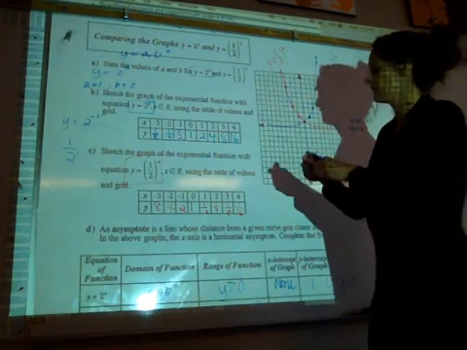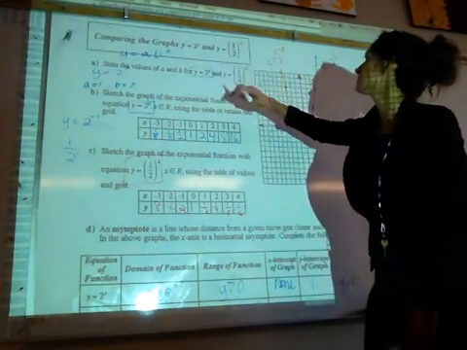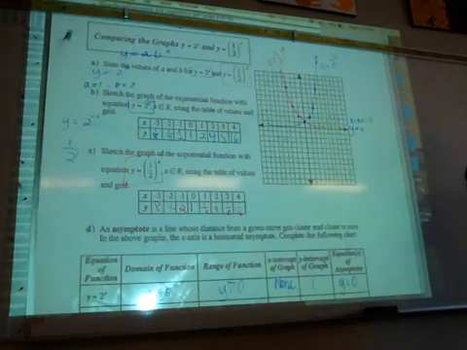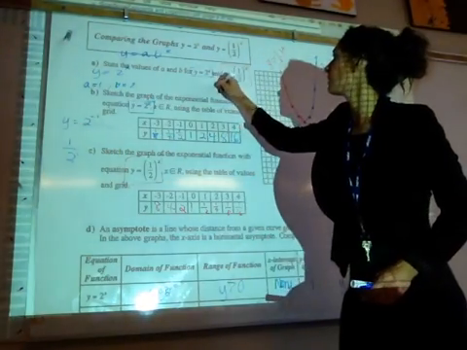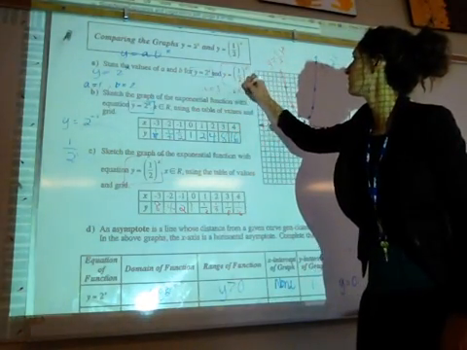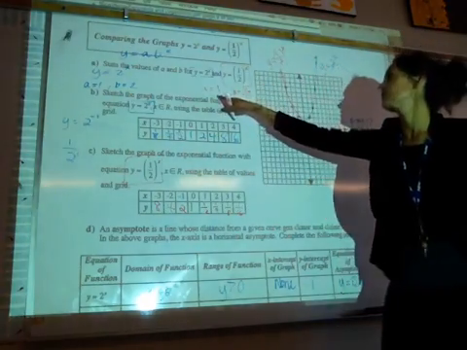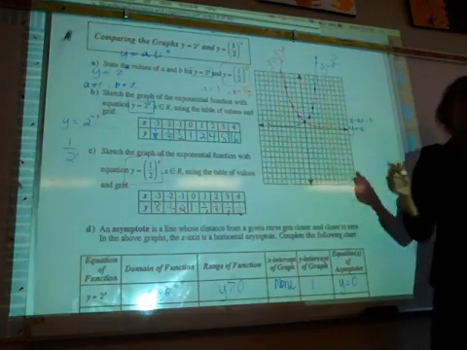Okay, looking at part A again. Y is equal to 1/2 to the power of x. What's your A value? And what's your B value? 1/2. Okay, what's your y-intercept? 1. Good.